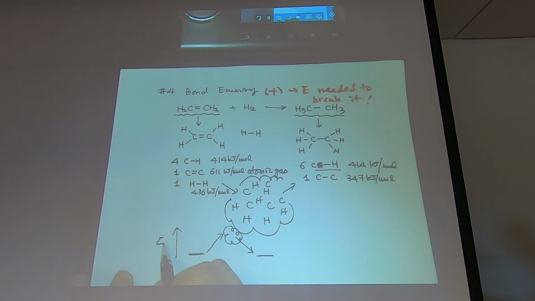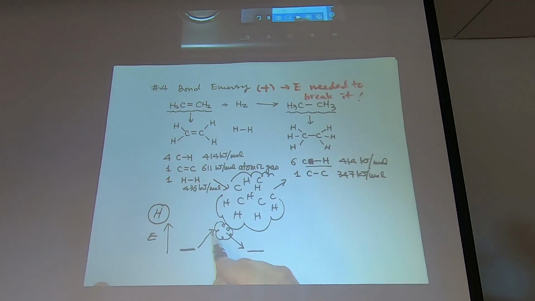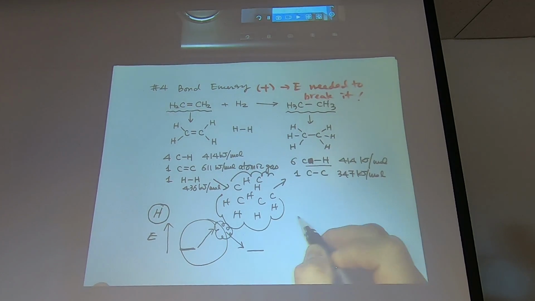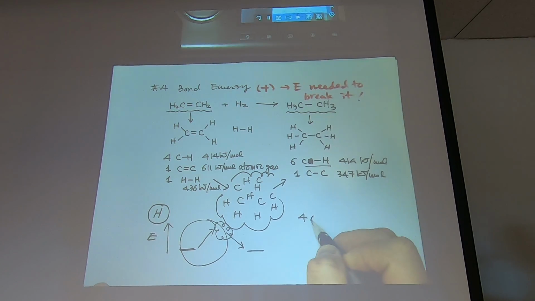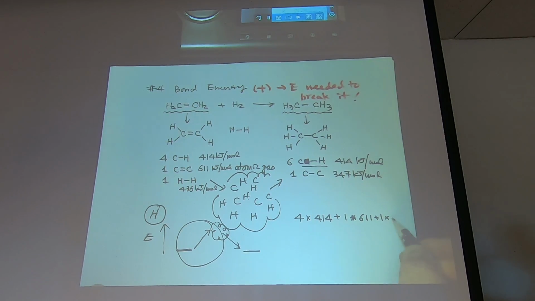This is an energy, and energy at constant pressure we call an enthalpy. So this first process is essentially 4 times 414, 1 times 611, 1 times 436. This is a positive number, because your energy is going up.